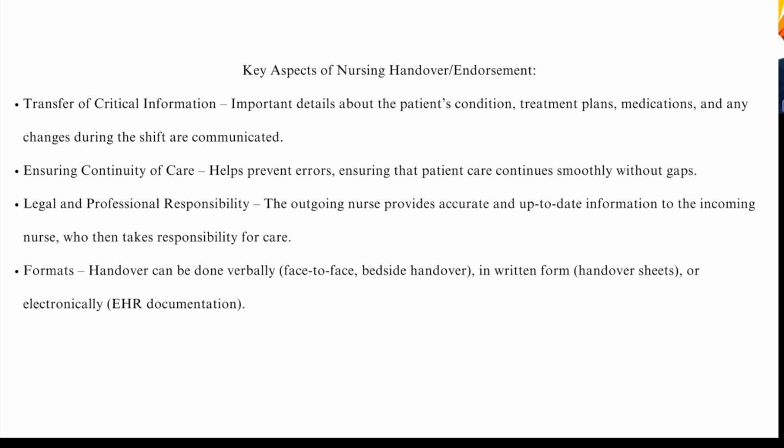So the new nurse receives the most updated information about the patient condition and what happened during the previous shift, and we should be able to specify who is taking this responsibility. So nurse A makes the endorsement to nurse B, nurse A provides all this information, and nurse B confirms receiving this information.